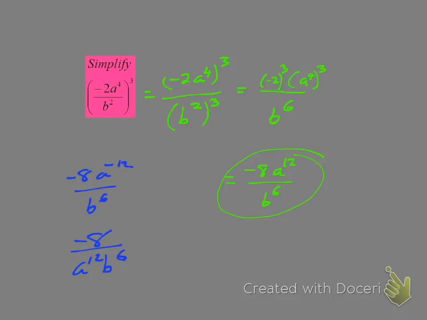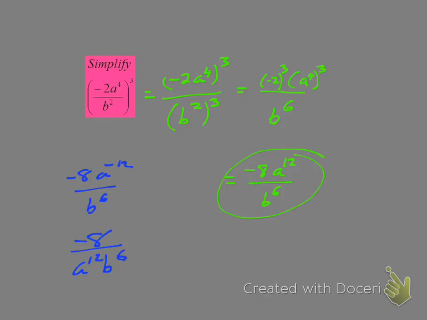The only time you'll ever move a coefficient or a number like that is if it's got a negative exponent to it, which will rarely happen. All right? So do you change both of the signs? Just the one on the A, just the A's exponent. Okay? Because you treat each one individually, right? It's not like you got to move the whole group. Okay? The -8 can stay. The A has to move. All right?